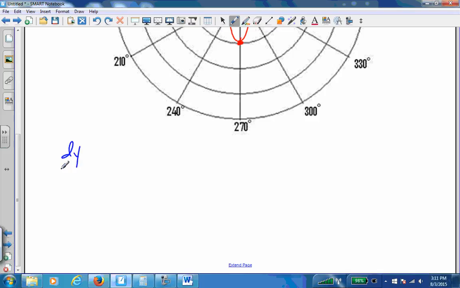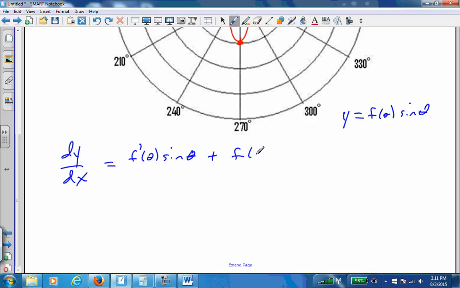So dy over dx, I don't memorize this very well, so I'm thinking y, again, that's f times sine. So that's f prime sine plus f cosine.